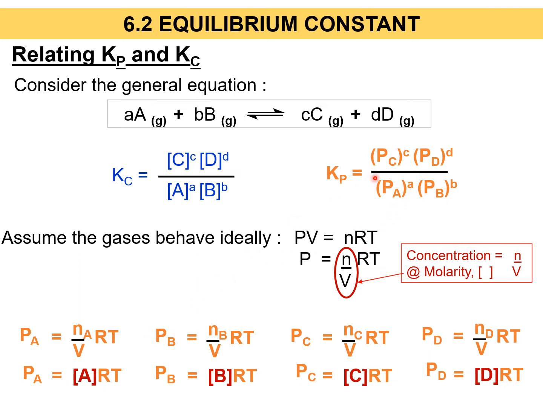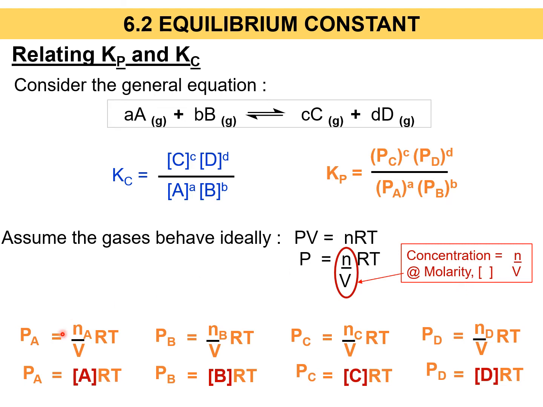Okay, sekarang ni kita fokus pada Kp expression dululah, because we know that kalau kita jadikan pressure as a subject, is gonna be P is equals to n over V RT. Okay, and number of mole divide by the volume kan adalah formula untuk concentration ataupun molarity. Betul tak?